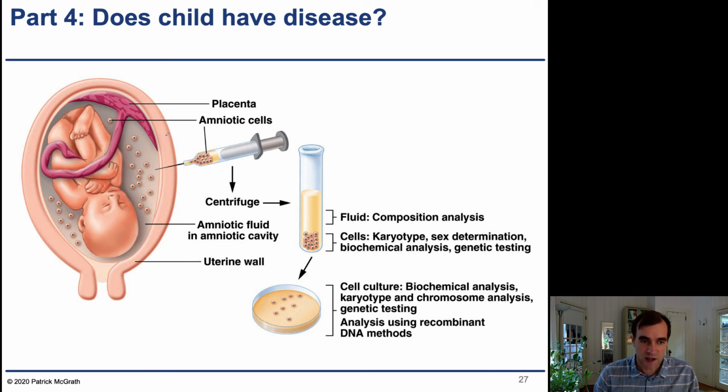You can get a sample of the DNA to determine: is this individual a carrier, is this individual wild type, or did this individual inherit both defective copies of the gene? You could do this using biochemical analysis, karyotyping, or just DNA sequencing.